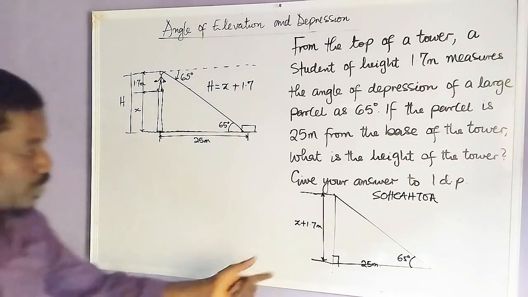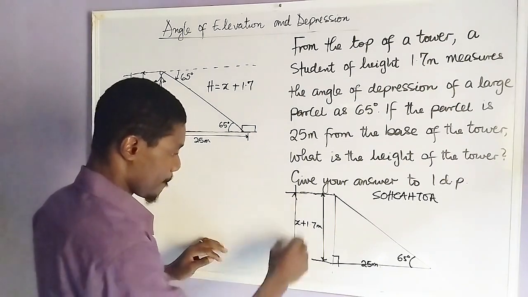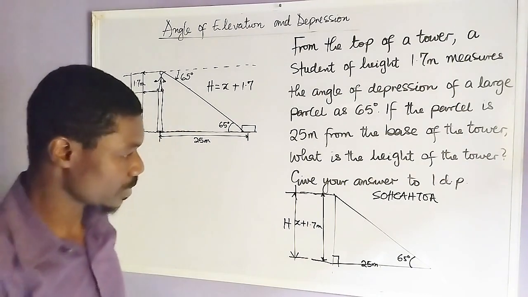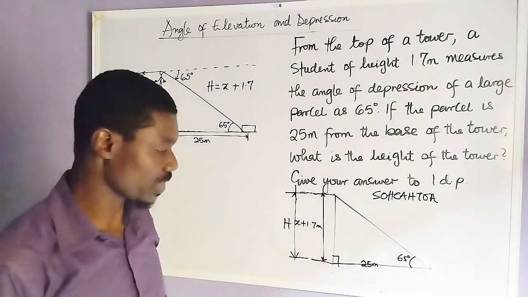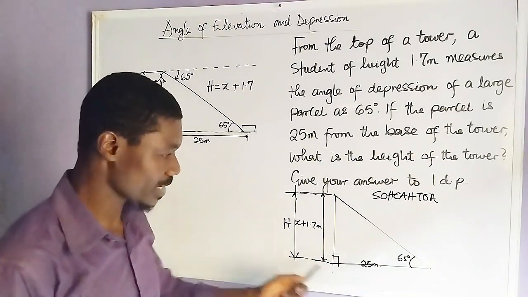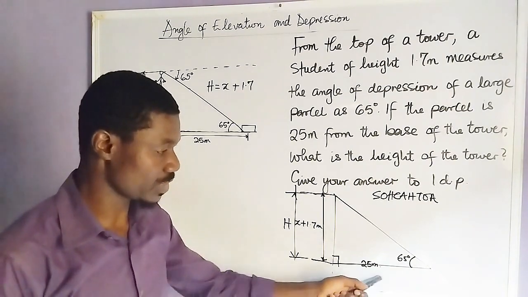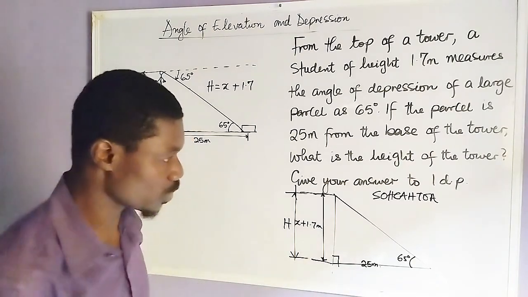So we can come here and have our h here. The relationship between angle 65, the height, and the base, the distance between the parcel and the base of the tower, is 25.